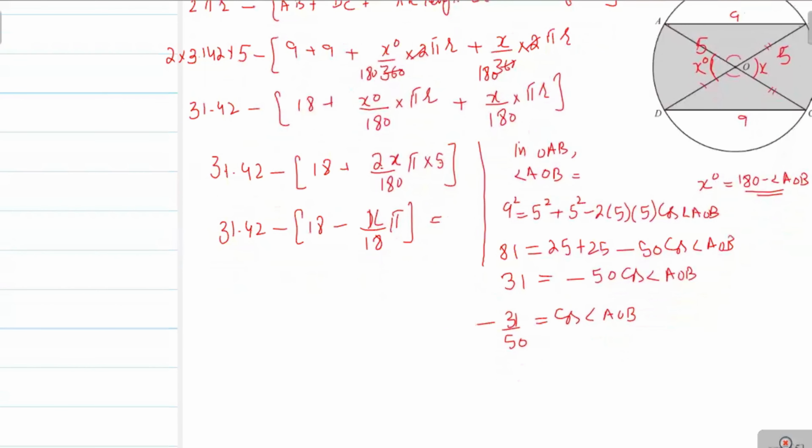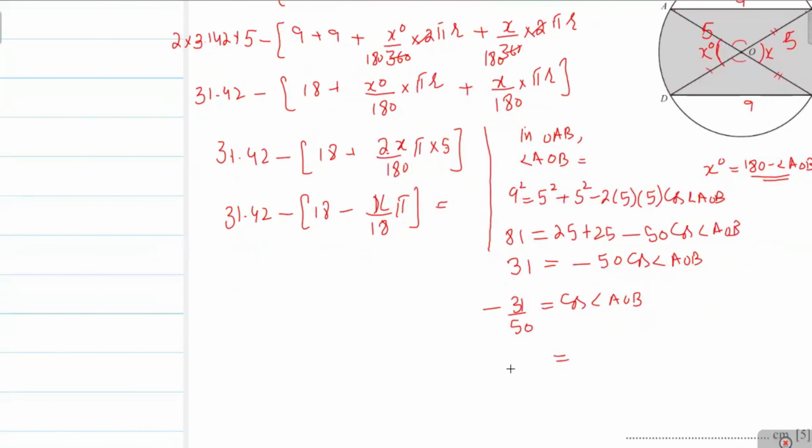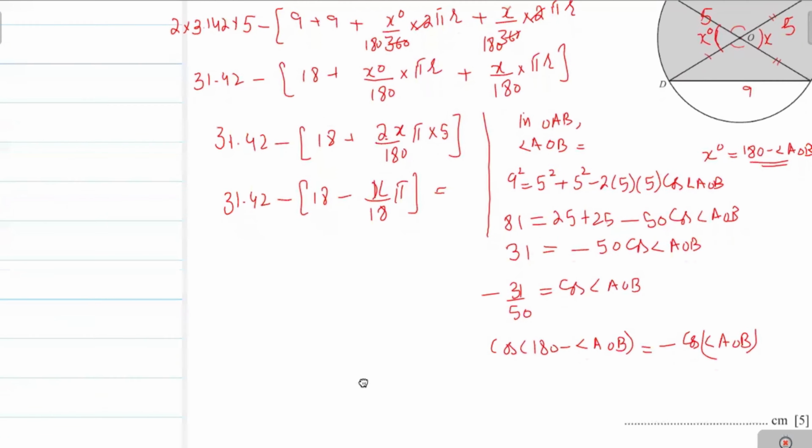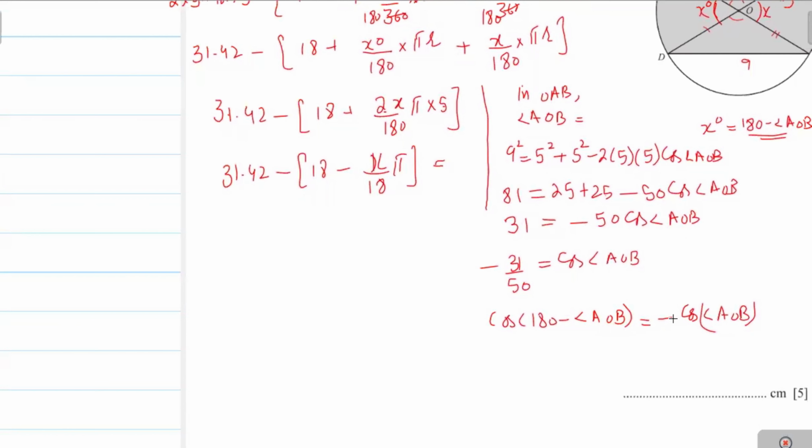We convert the negative value into positive if we write cos of 180 minus angle AOB. Now we can write cos of 180 minus angle AOB equal to minus cos angle AOB. Therefore, cos of 180 minus angle AOB is equal to 31 over 50, as the negatives cancel.